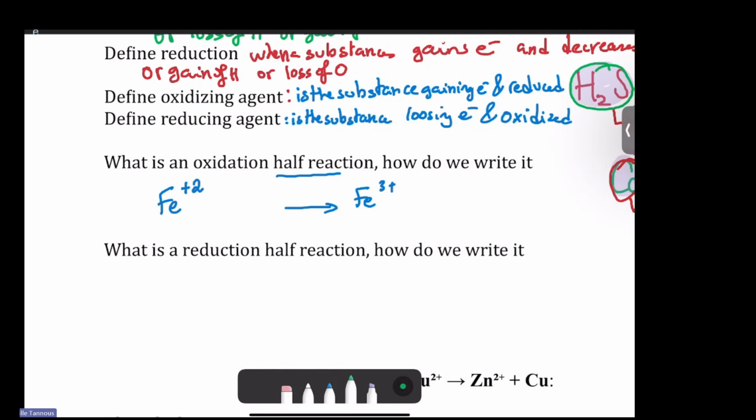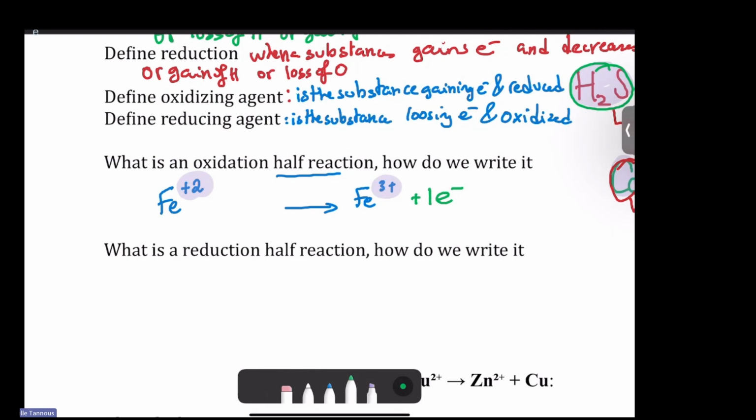I know electrons are written after the arrow. But also in class, I taught you that you count the charges: this is a 3+ and this is 2+. So you add electrons to the side that has a higher charge. So this is higher. Now I want to lower the 3 to 2, so I'll add 1 electron.